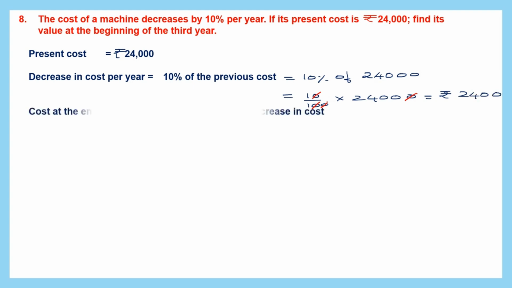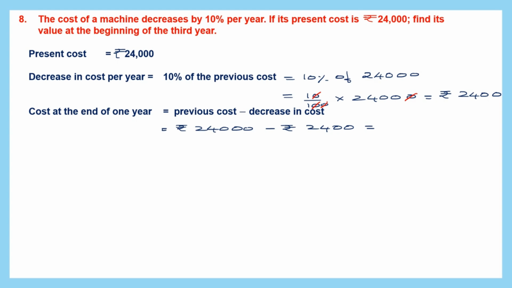So now the cost at the end of 1 year. At the end of 1 year, what will the cost be? The previous cost minus the decrease in cost. So the previous cost is 24,000 rupees minus the decrease in cost, 2,400 rupees. So this will be the cost at the end of 1 year.